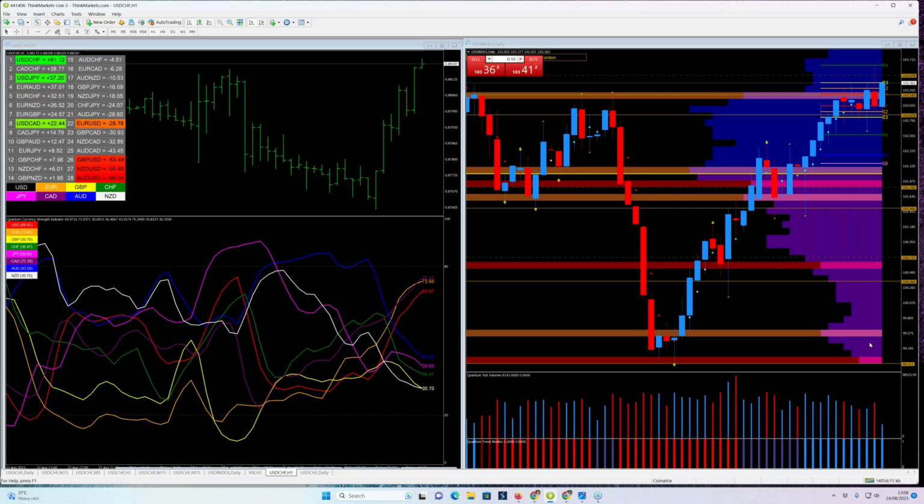The Forex market, as you know, is decentralized. There is no central exchange. So what we use is tick volume. I'm often asked this question, is it as reliable as the volume that you say you have on stocks? And it is pretty good.